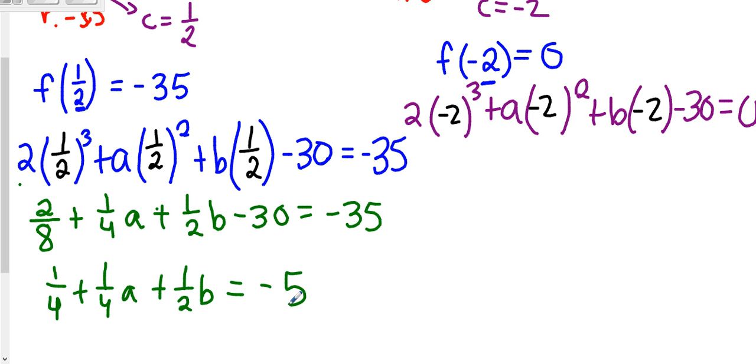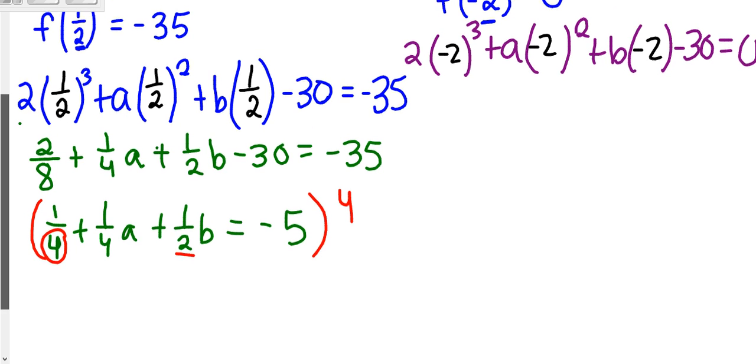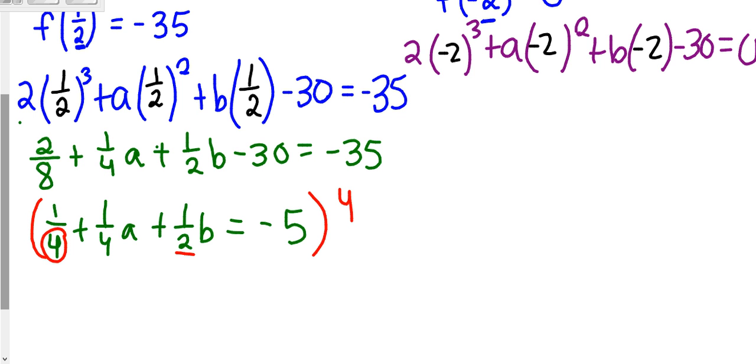Now we have some fractions. Whenever we have fractions and we're going to have to do more with the equation, what I suggest is getting rid of your fractions. The largest denominator here is 4, and 2 divides into 4. So I'm going to multiply everything by 4. 1/4 times 4 is 1.